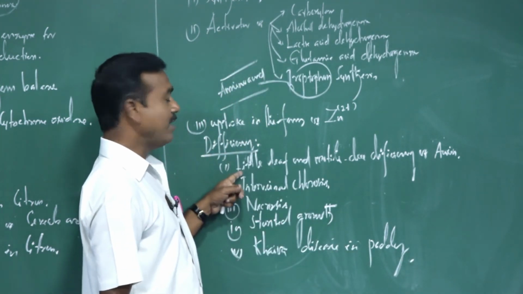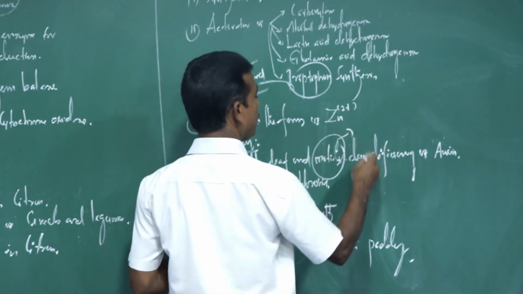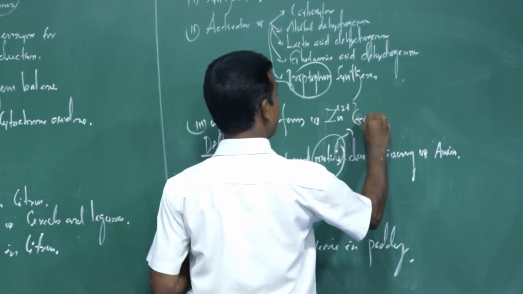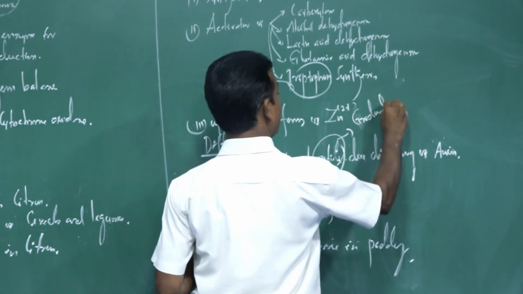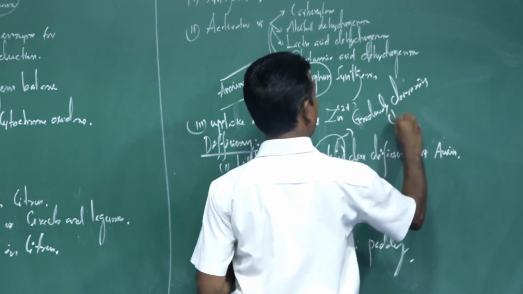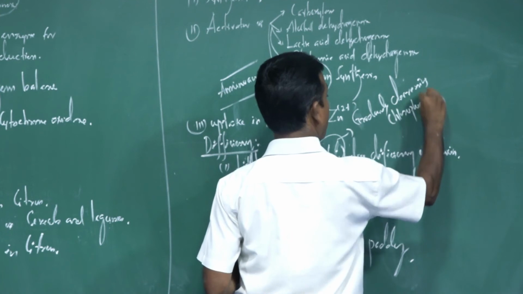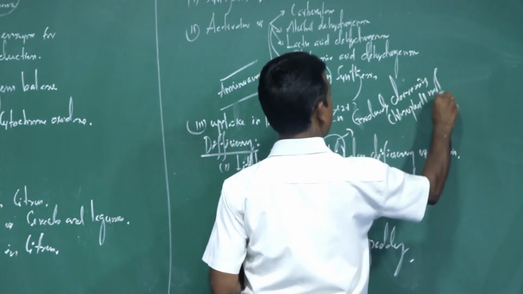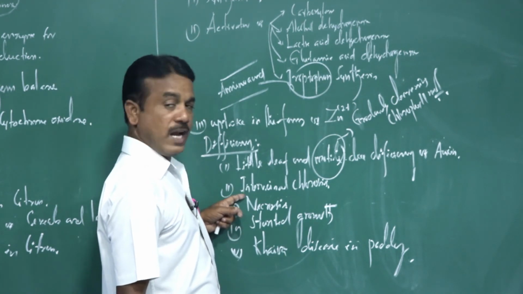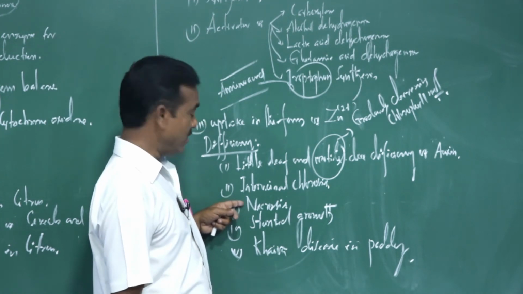First of all, little leaf, also called mottled leaf. What is the meaning of mottled leaf? That means gradually decreasing chlorophyll molecules. This is called mottling. Interveinal chlorosis: the chlorophyll is lost in between the veins.